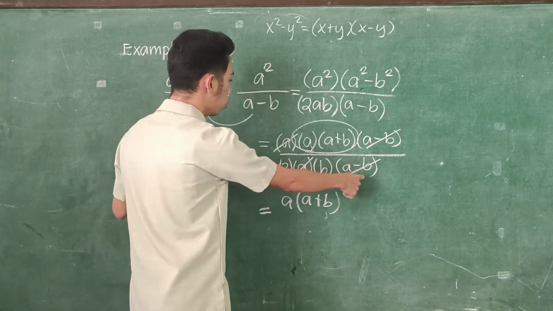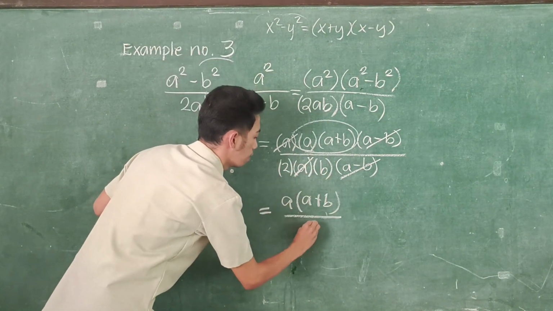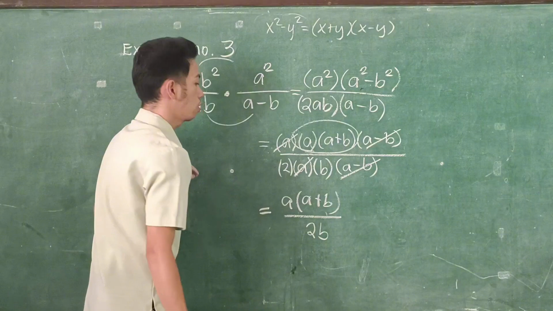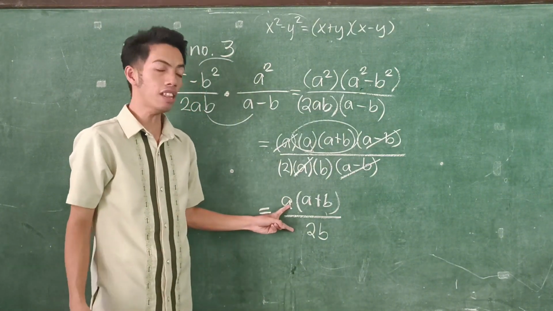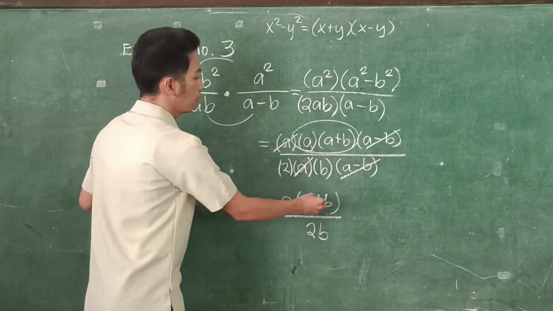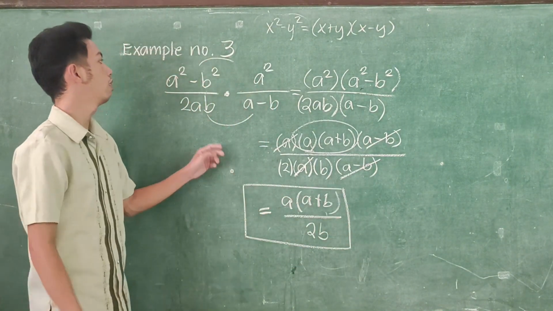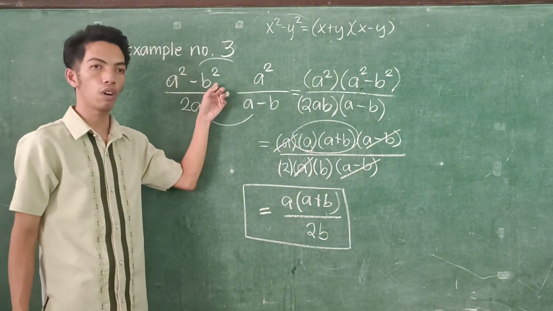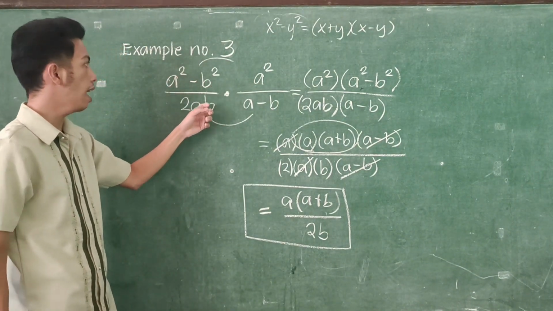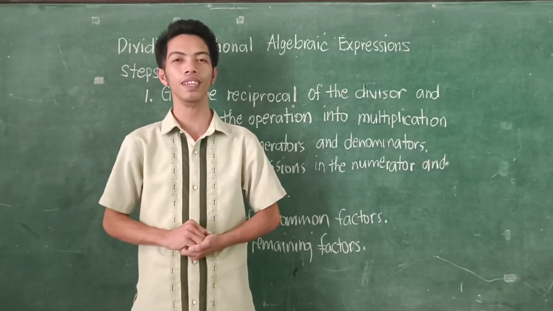And in the denominator, we have 2 times b. So, dahil ito ang pinaka-simplified answer, wala na siyang factor at wala na tayong pwedeng cancel, this is the product of a squared minus b squared over 2ab and a squared over a minus b.